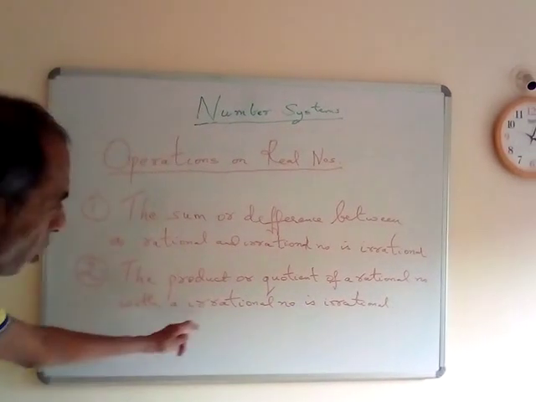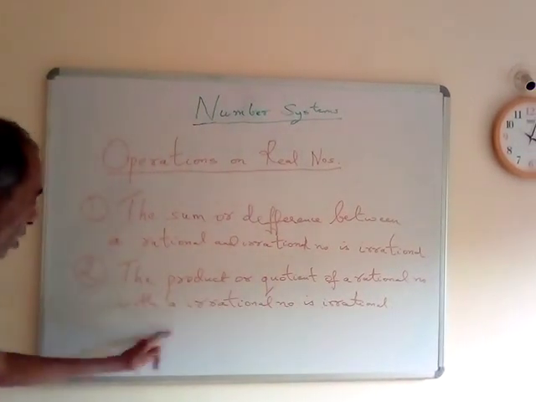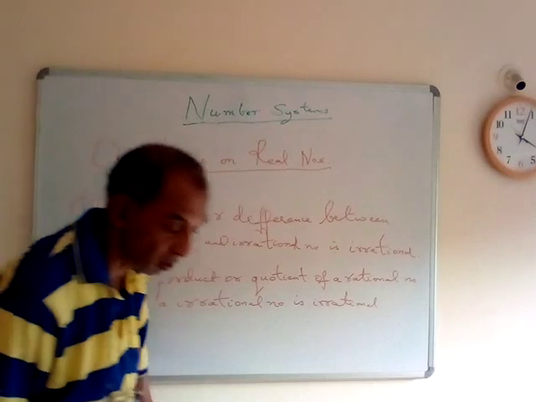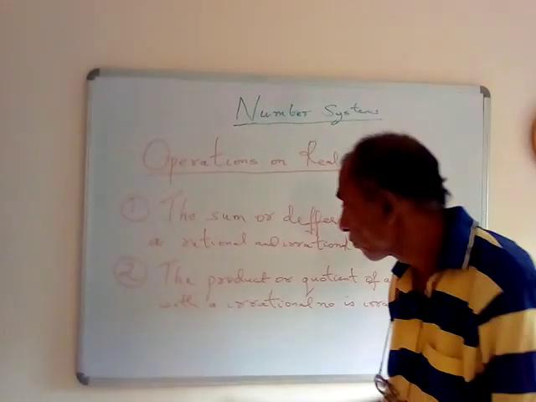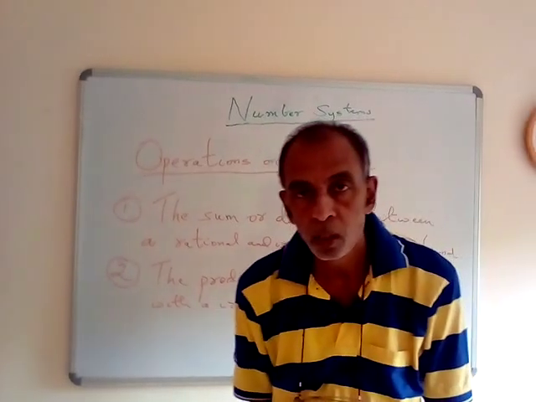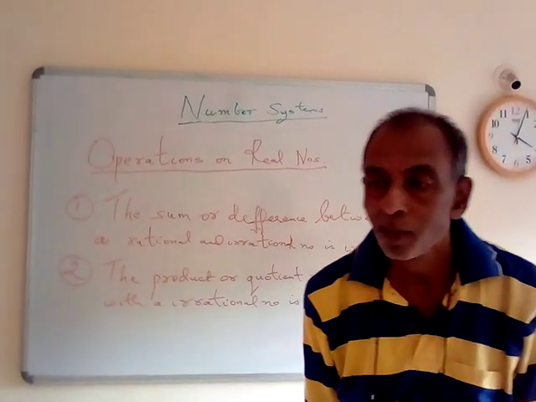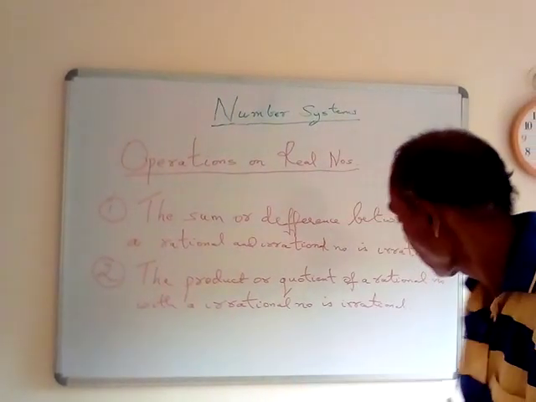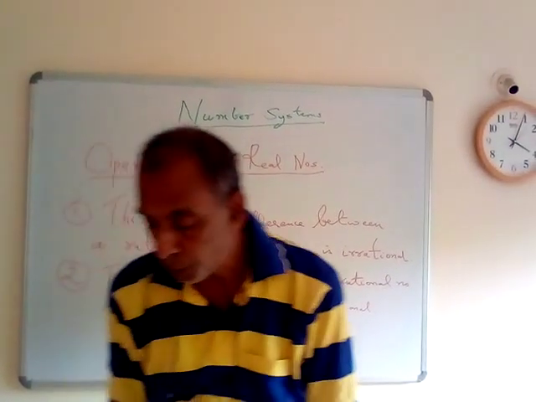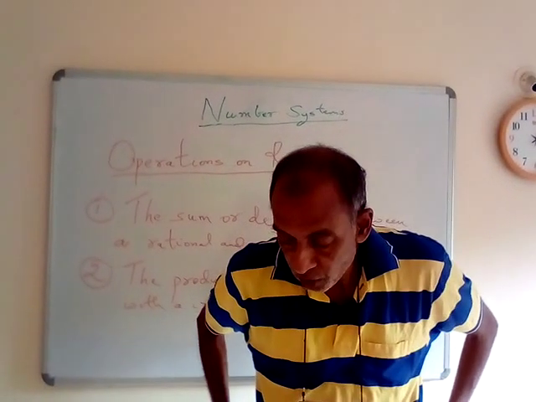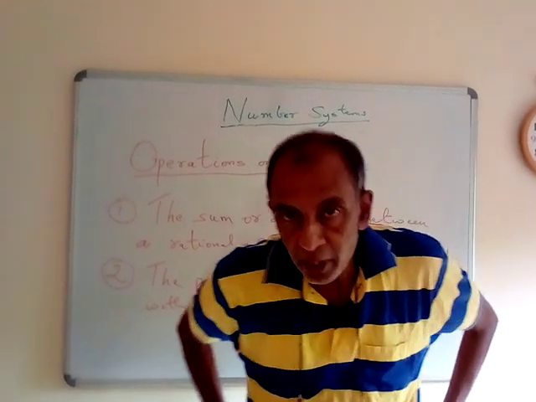So second is the product or quotient of a rational number with an irrational number is irrational. Here the product is the multiplication. So if you multiply a rational number with an irrational number, the answer you get will be an irrational number again. Similarly, the quotient is the answer we get when we divide two numbers.